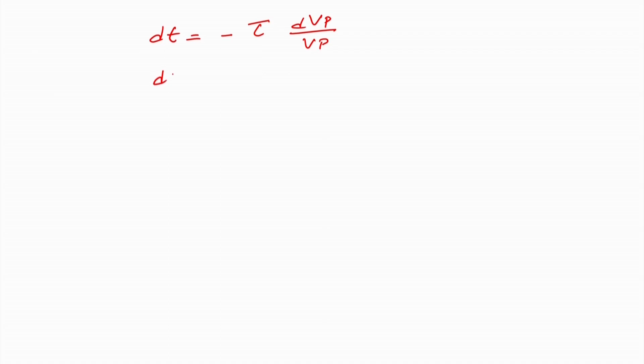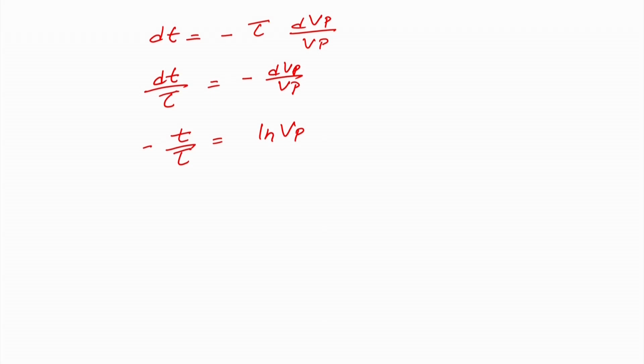So, this will be dt upon tau will be equal to minus dVp upon Vp. Now, we can integrate it. If you integrate it, you will get that minus t upon tau will be equal to ln Vp. Okay. Now, initial velocity if I am taking 0, it will be 0 and final velocity is Vp. So, this will be the Vp value.